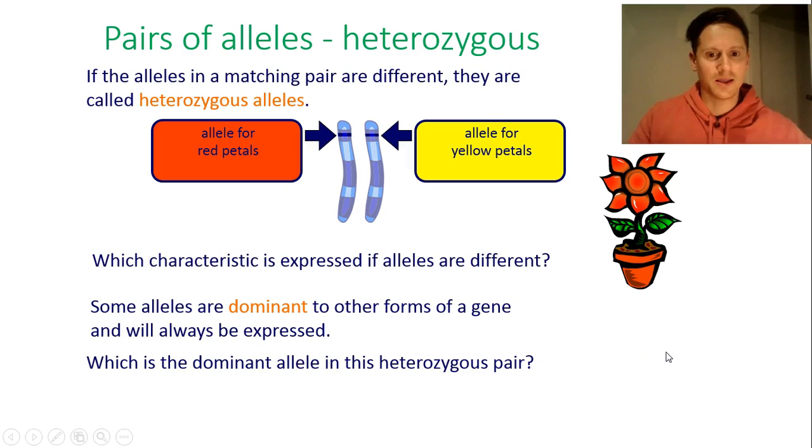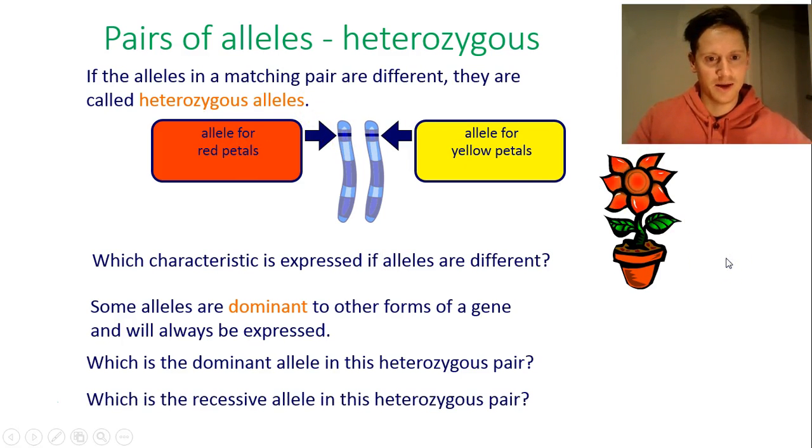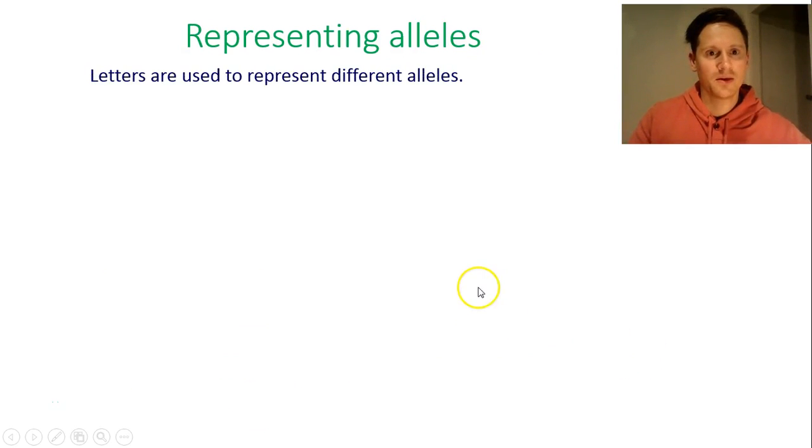So the dominant allele in the heterozygous pair is the allele for red petals, because that was able to overpower the yellow and the flower was red. The weaker allele is referred to as recessive. Weak doesn't sound very good, so it's a dominant and recessive relationship.